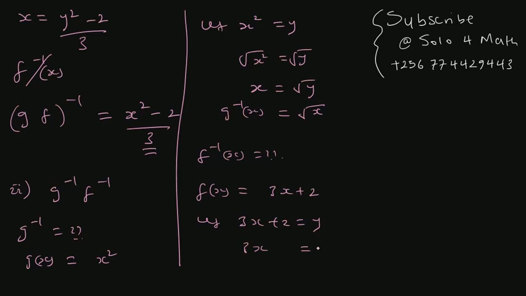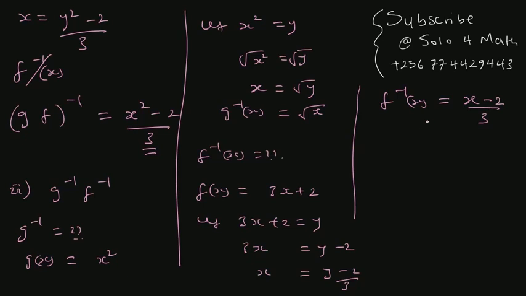First take the 2 to the other side, minus 2. And when we divide by 3, we remain with (y minus 2) over 3. So our inverse of function f is equal to, change this to x, (x minus 2) over 3.